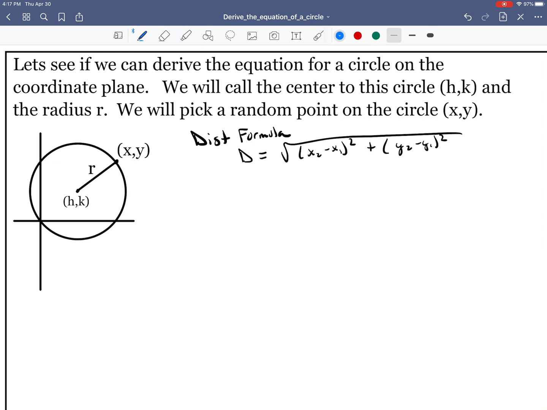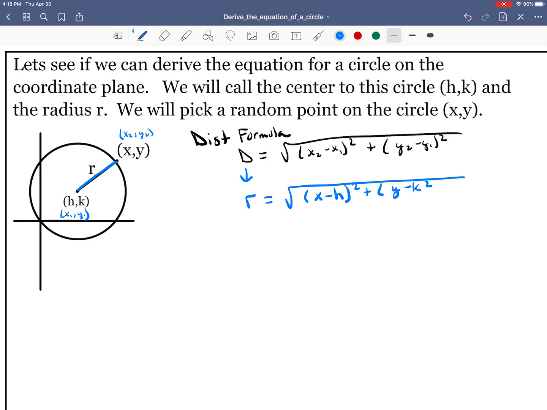So what we're saying is that the distance between these two points, which happens to be our radius, so I'm going to plug the radius in for d, is going to be the square root. I'm going to let this be my x2, y2, and my center is going to be my x1, y1. I'm going to plug this into the distance formula. So I get x minus h, because my x1 is h, quantity squared, added to y minus k, quantity squared.